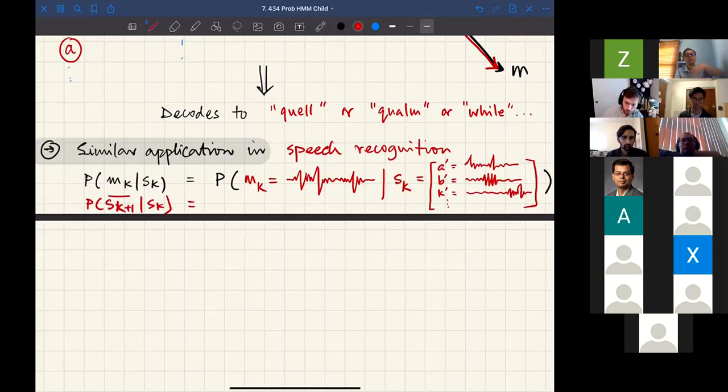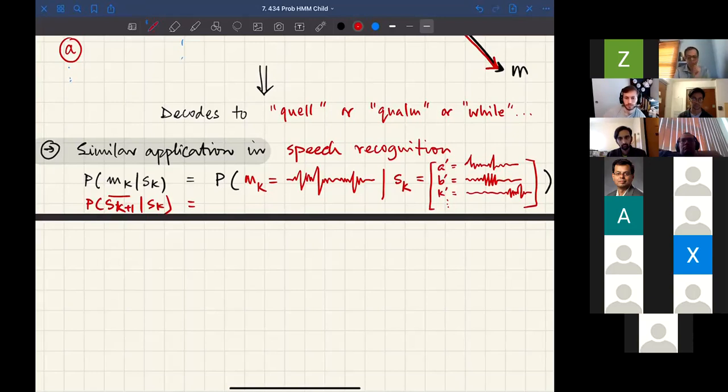Prior knowledge? You take data from people speaking, and from that you figure out what is the probability that a b is followed by a. So you say abnormal, or you say, that's a b followed by a. What is the probability of j followed by a k? Hardly, there's no word like that. Kaja, there's no word like that.